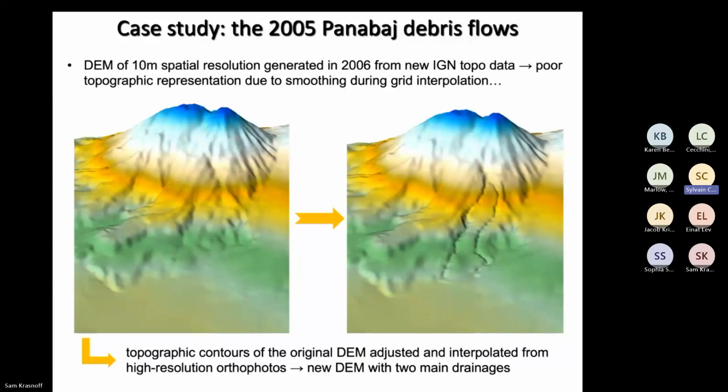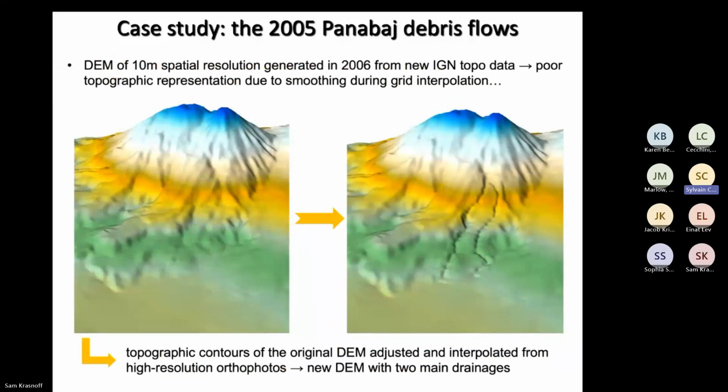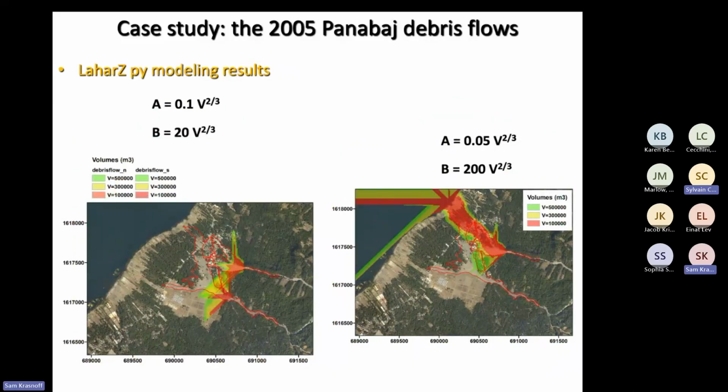So we had to adjust the DEM and recreate the two channels using some high resolution aerial photos. And that's the DEM before and after. As you can see, the two channels are much better defined there.